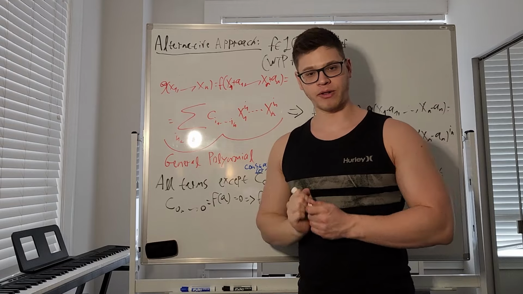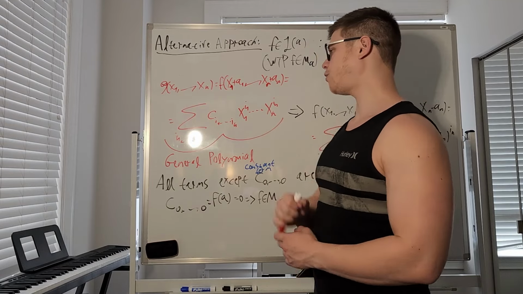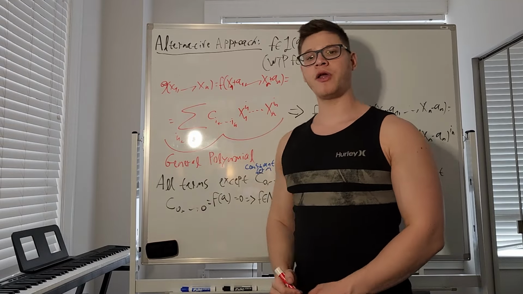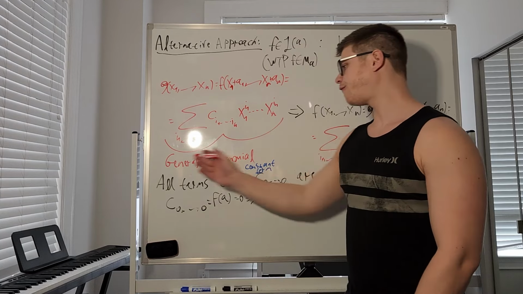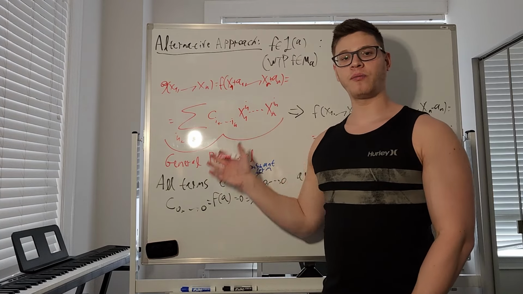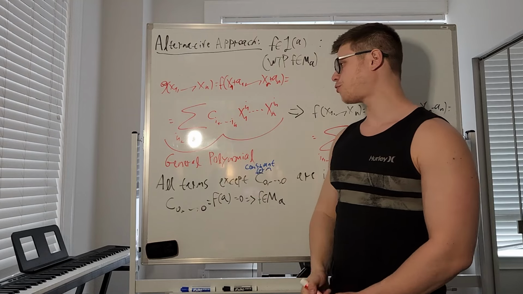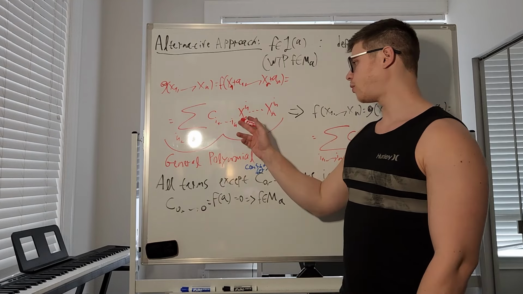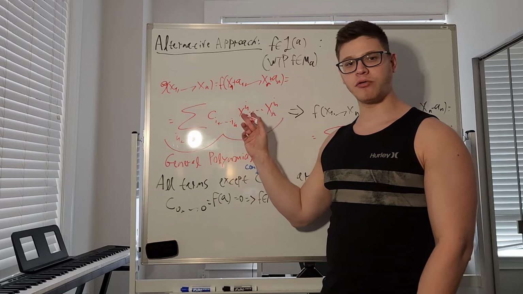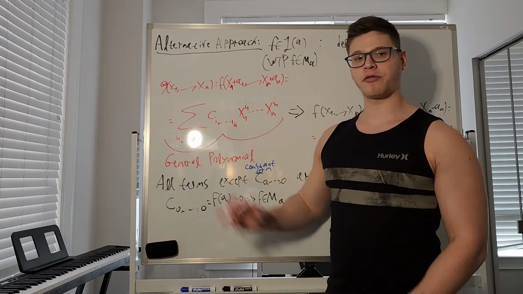So we take the polynomial f and we substitute in these variables. Now this is still a polynomial, so it has this form. This is basically a form of a general polynomial. It's just the sum over all of the possible combinations of powers of the variables times these coefficients.